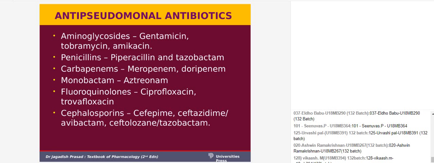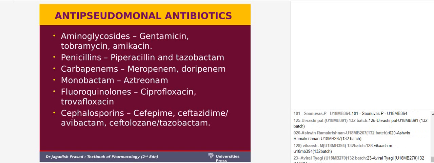Anaerobes are covered less in the first generation, effective in the second, more effective in the third, fourth and fifth generation. Against Pseudomonas, not effective in the first generation, not effective in the second generation, but effective in the third, fourth and fifth generation. Against Salmonella, it is not effective in the first or second generation, but effective in the third generation. Hence one of the drugs of choice for typhoid is ceftriaxone.